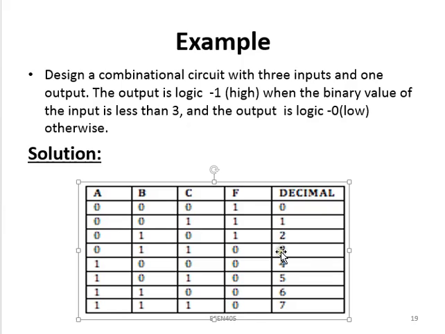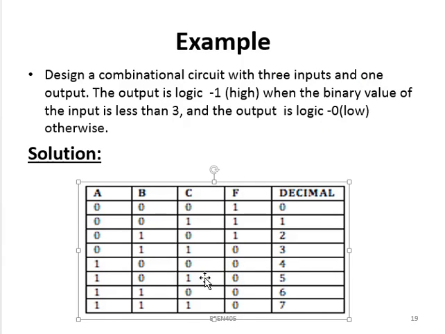Now from 3 up to 7, they exceed the value given to us, and therefore all of them should be logic 0. So we have stated our problem, identified 3 inputs and 1 output, given them letters A, B, C and F, and drawn our truth table.